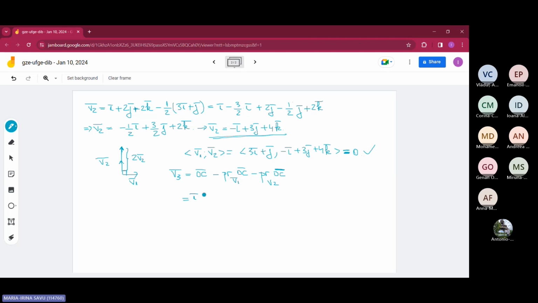So this is i plus 4k minus the projection, which is given by OC dot product with V1 over V1 dot V1 times V1, this one, and the other projection will be OC dot V2 over V2 dot V2 times V2.